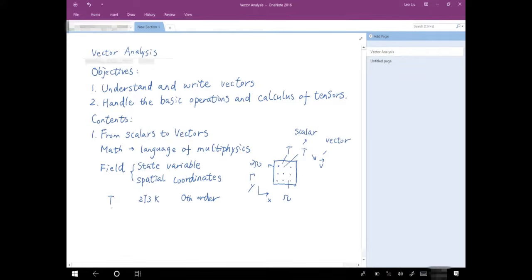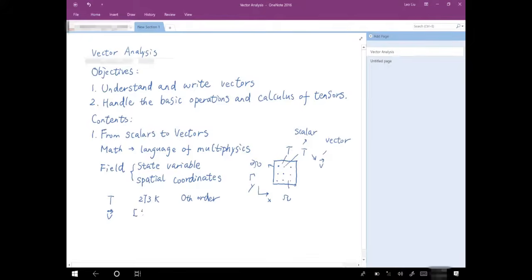And if we move from T to V, in this class, usually if I do handwriting, I will put an arrow above a symbol to indicate that this is a vector. And V in this case, we know that it could have two values, for example, x and y.